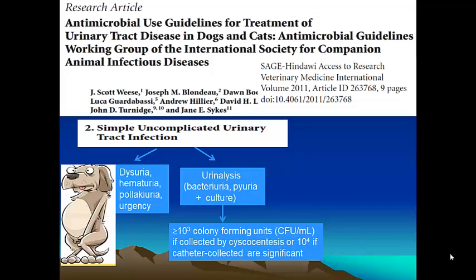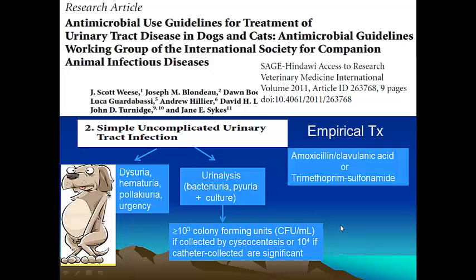As you can see, one of the empirical treatments that can usually be used as a first line choice is amoxicillin-clavulanic acid or a trimethoprim-sulfa drug. Obviously, if you have a sensitivity test, you can reevaluate whether that empirical treatment continues to be appropriate or not.